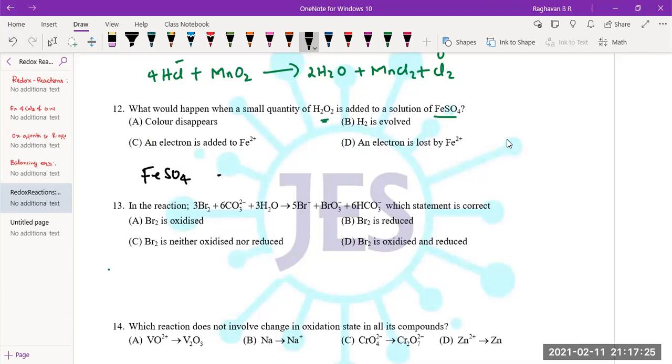Ferrous sulfate in presence of hydrogen peroxide undergoes oxidation to form the oxidized salt, ferric sulfate. This is 3 plus. What is the correct answer? Option D. Electron is lost.